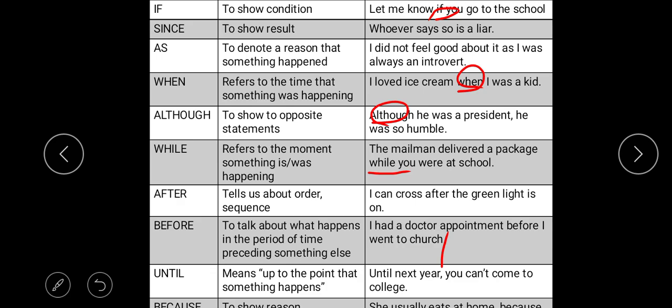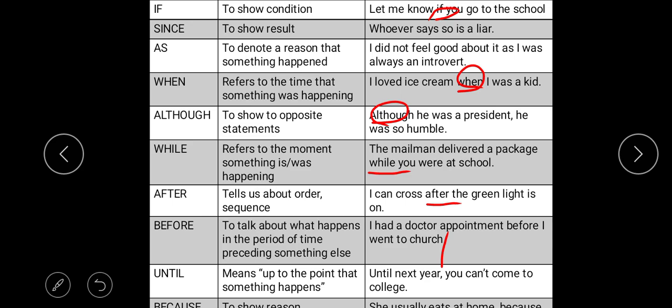Something was happening in my home. So we use while there. After, before: after, the order. After tells us about the order, the sequence. I can cross after the green light is on. You can come to school or college after the Corona holidays.